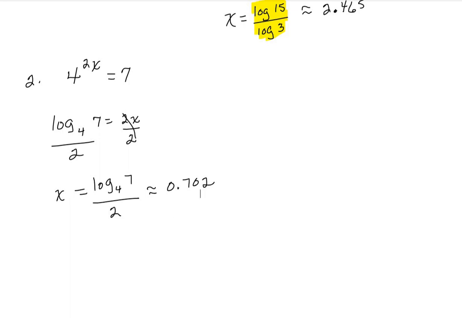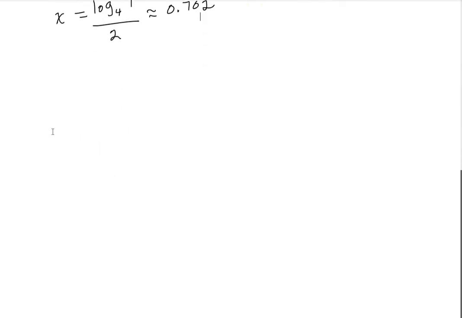Let me scroll down here, I think I'm going to need a little bit more room for my next problem. So problem 3, I have 2 to the x minus 5 power equals 9. Again, I've got x in the exponent.